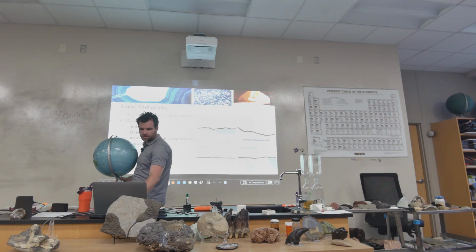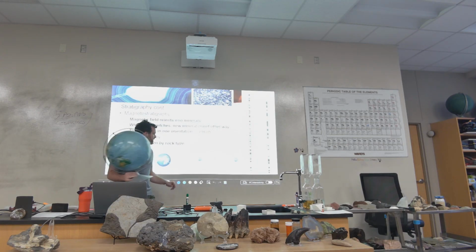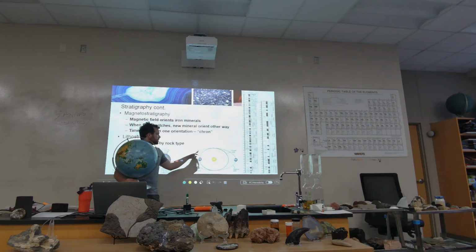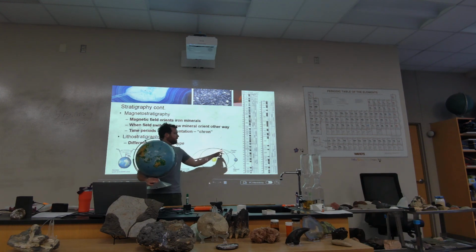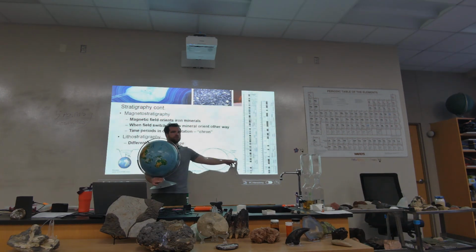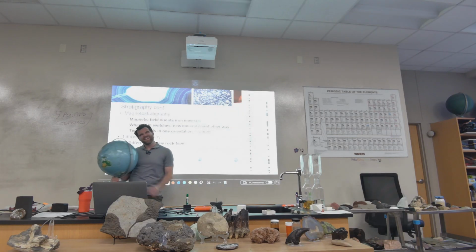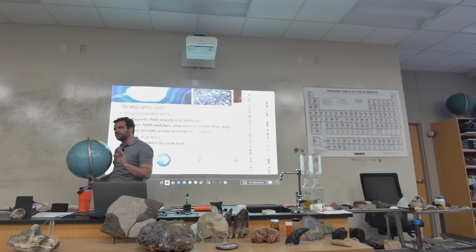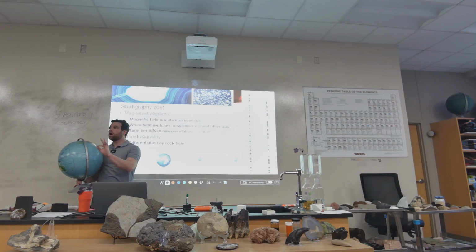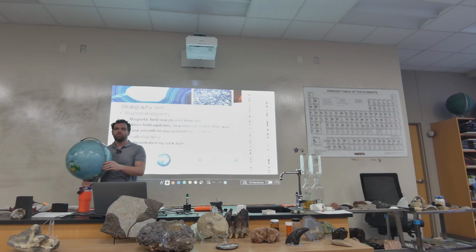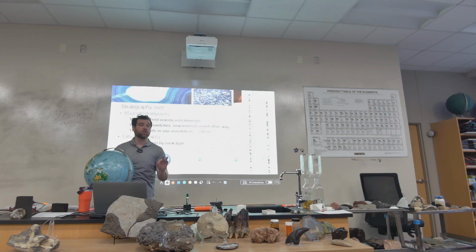I have the picture back here. We have this eccentric or elliptical orbit, where we make this sort of egg-shaped orbit around the sun. It is not always like that, though. We vary on about a 100,000-year cycle between ever so slightly more circular and more elliptical.